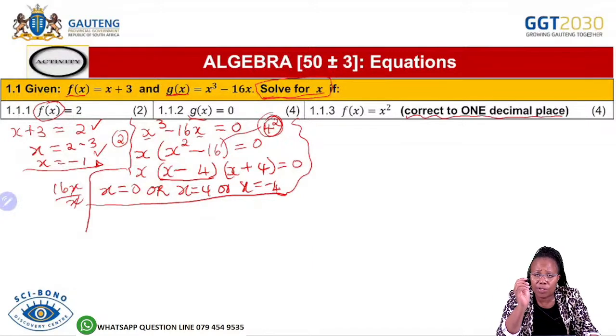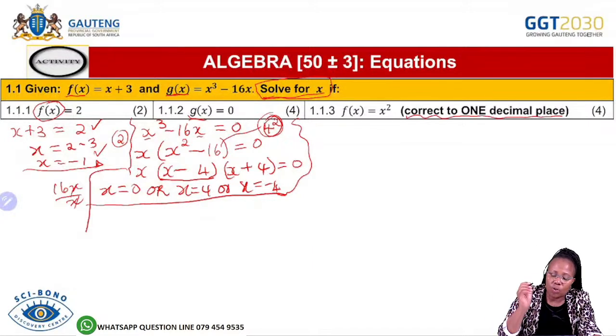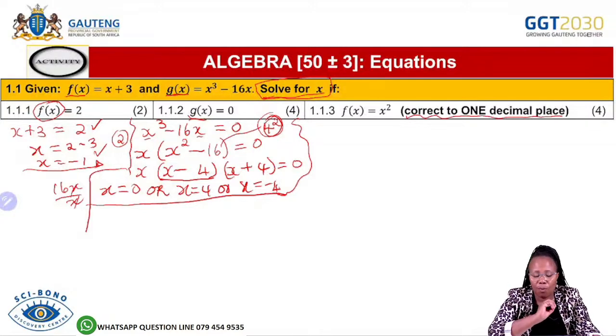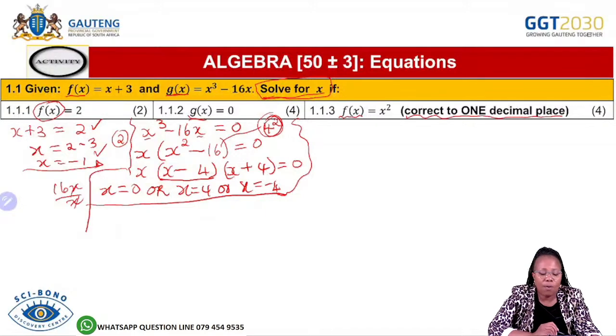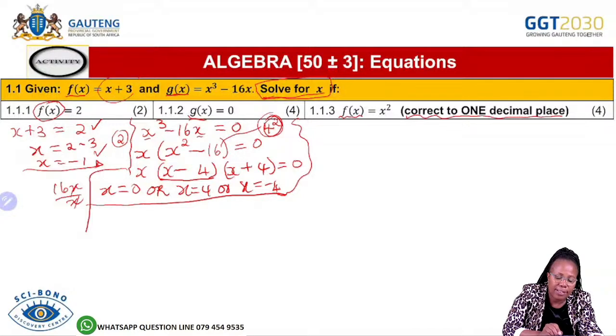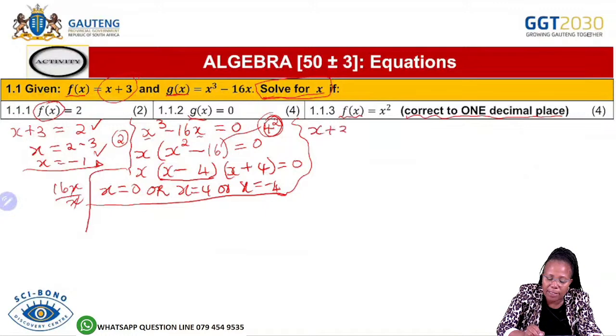Remember we talked about that on the formula sheet earlier on. So now we need to understand, what is our starting point? We are given f at x is equal to x squared. And then what is our f at x? F at x is x plus 3. So we are taking x plus 3, plug it in there. And then this is now equal to the x squared.